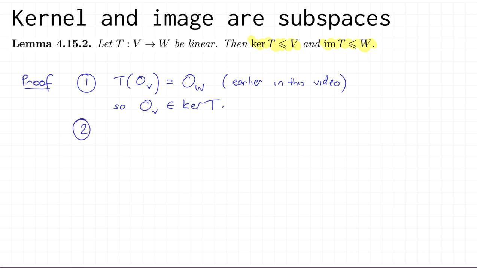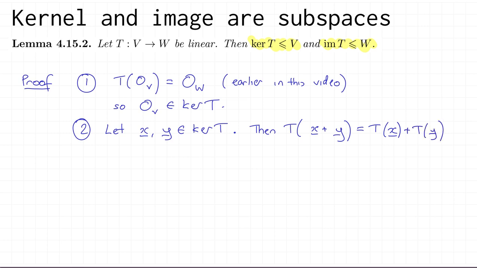Part 2 of being a subspace is you have to be closed under addition. So let X and Y be elements of the kernel of T, and I have to show that X plus Y is also in the kernel of T. To check that, let's just look at what T does to X plus Y. Well, because T is linear, that's the same as T of X plus T of Y. That's the second part of the definition of linearity.